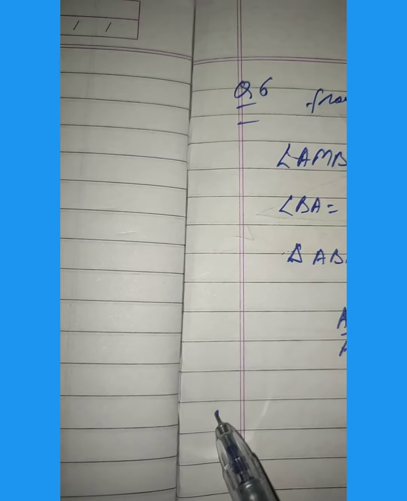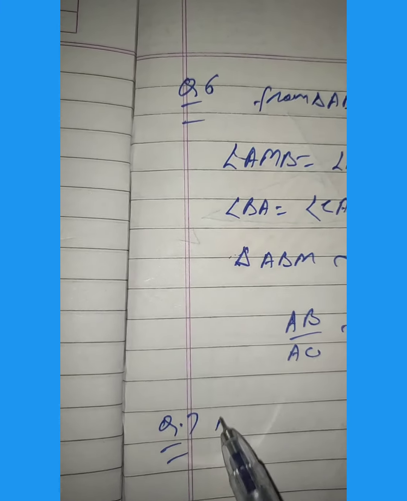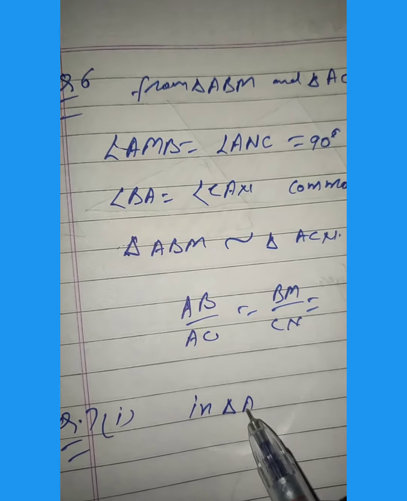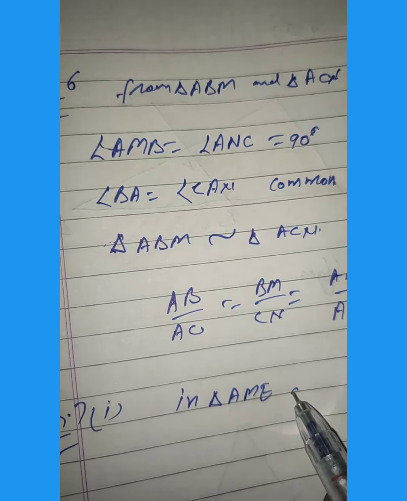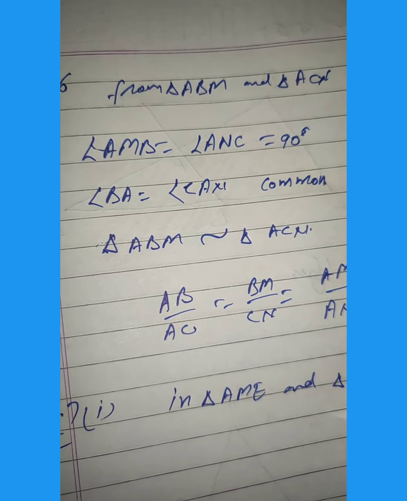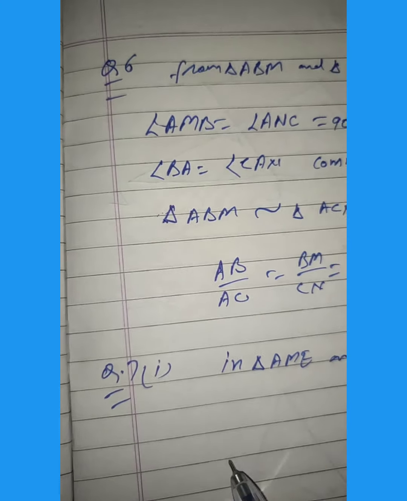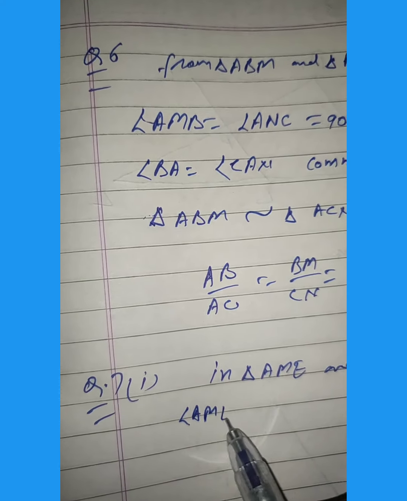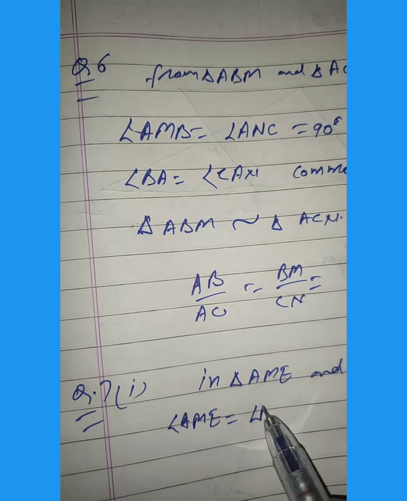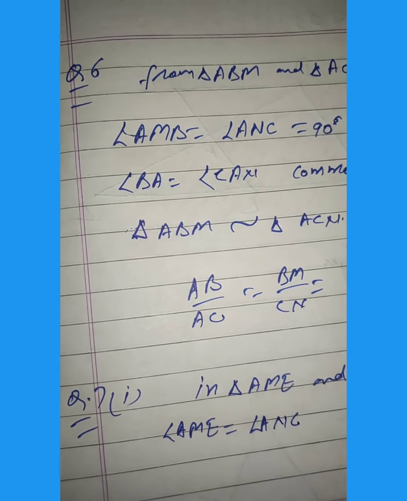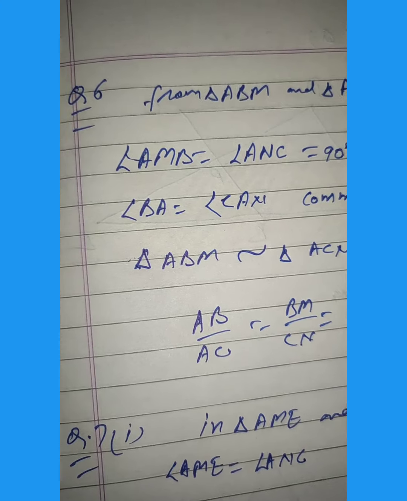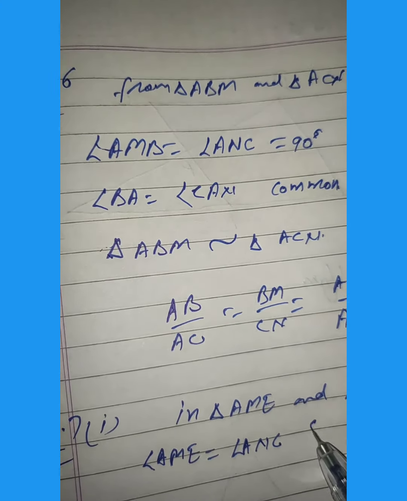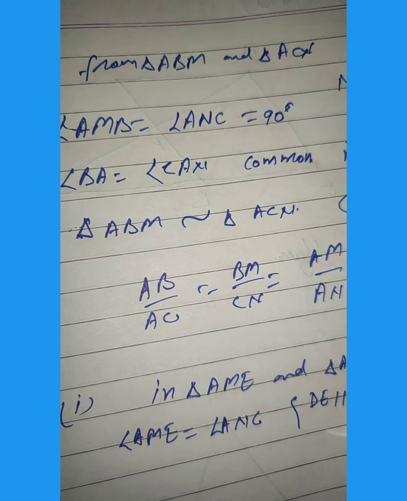So this is question number 7. The first part is this. In triangle AME and triangle ANC, angle AME is equal to angle ANC because DE is parallel to BC.